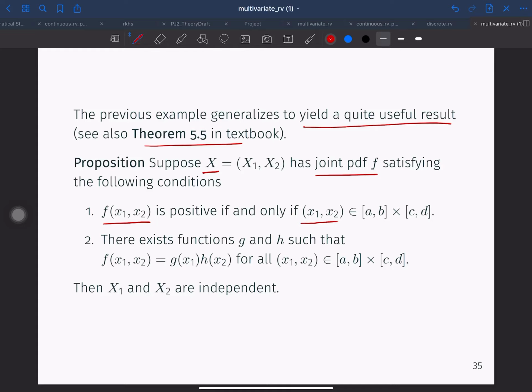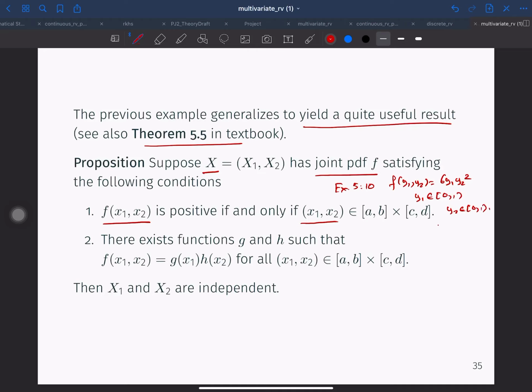So in the previous example 5.10, the PDF f(y1, y2) is 6y1 y2 squared, for y1 in 0, 1 and y2 in 0, 1.